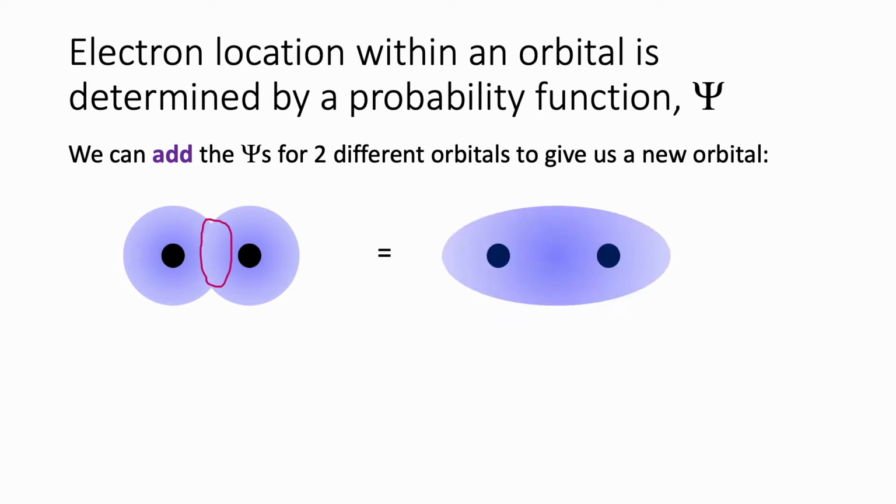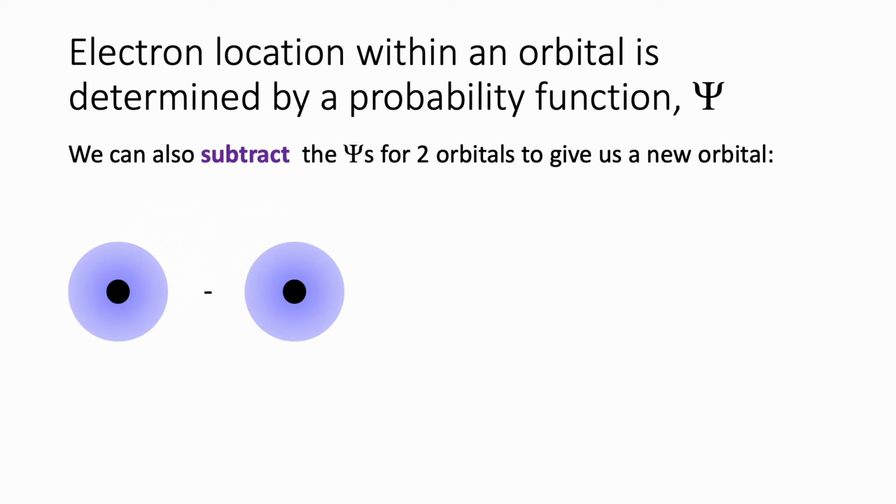And so when we add them, we basically get an area with a high probability density between the two nuclei. Now, of course, as I showed you before, we can also subtract the molecular orbital probability functions to give us a new orbital.